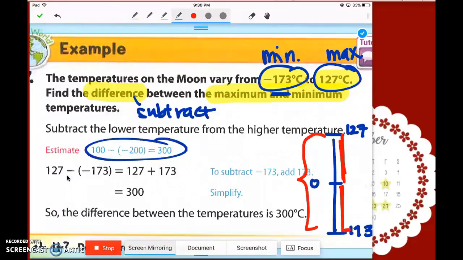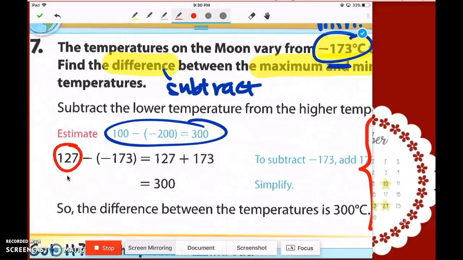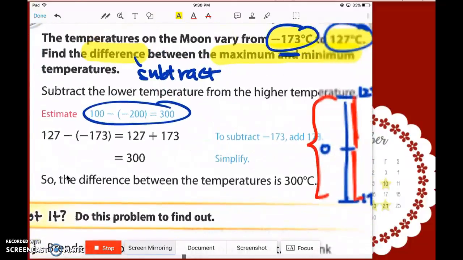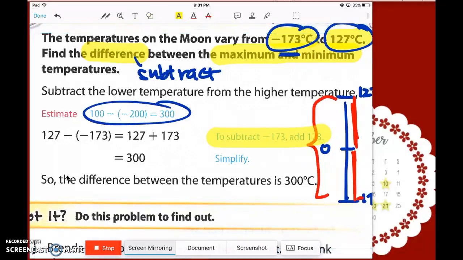So this is talking about that difference, that distance, okay? So again, they have it. So 127, which was the max, minus the minimum, which was -173. And they have the step again, which is the same thing, to subtract -173, add the additive inverse, which would be a +173. And when you add those together, you'll get 300. So the difference between temperatures is 300 degrees Celsius.